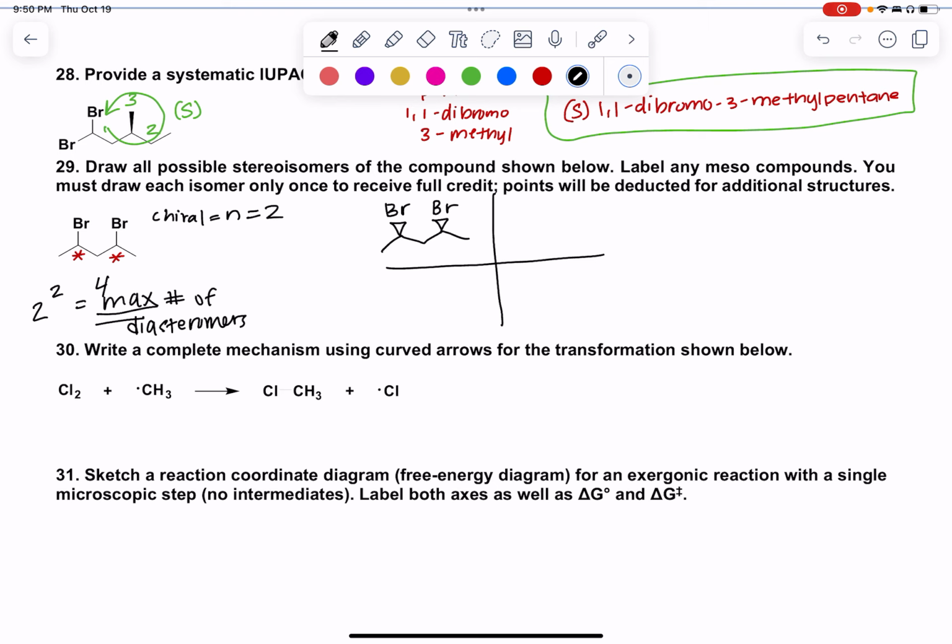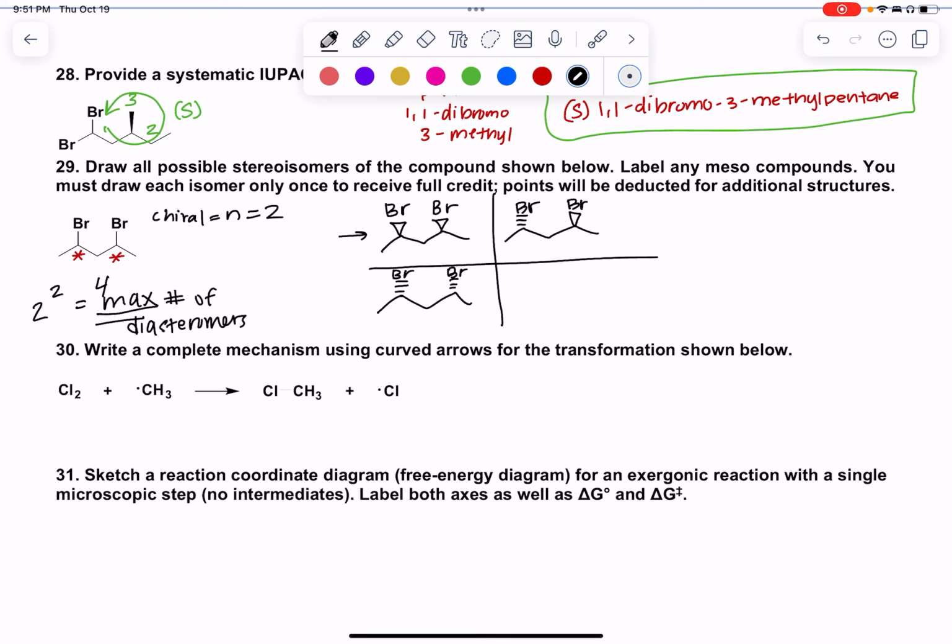If I were to draw a diastereomer for this, I would change 1, but not all. So I'm going to draw it again, and I'm going to change the first one. Now I have the diastereomer to this compound. Now, if I wanted to change both, that would become an enantiomer.